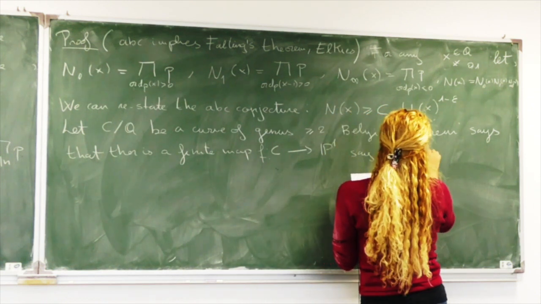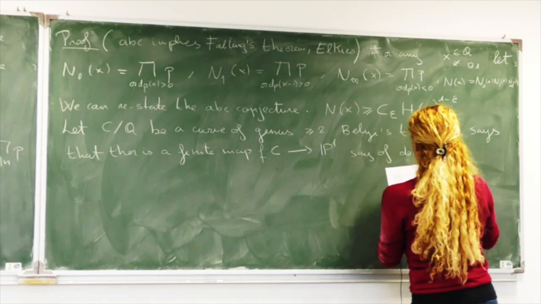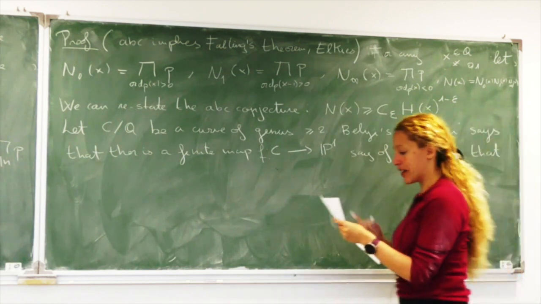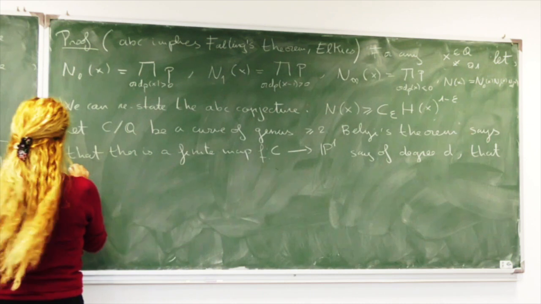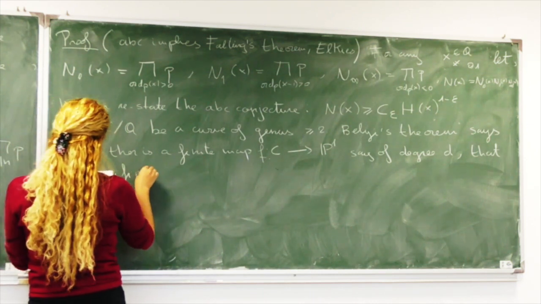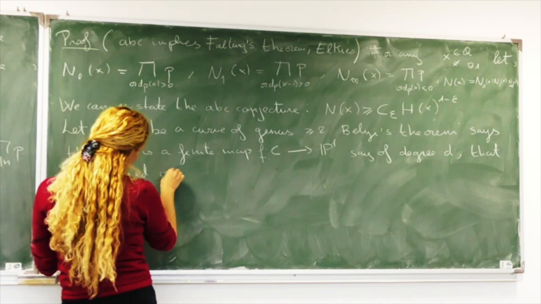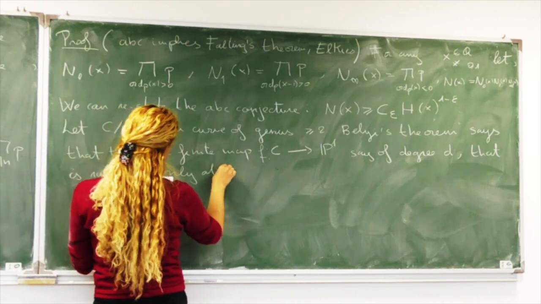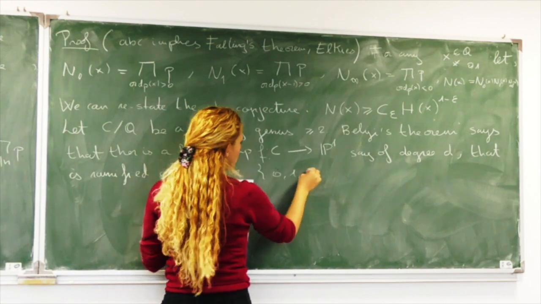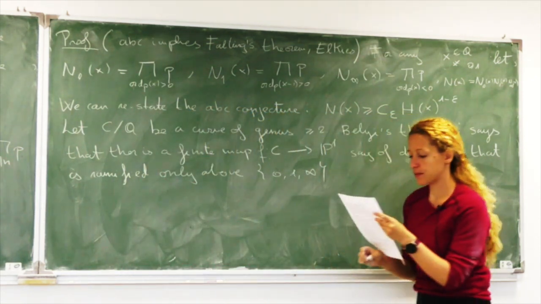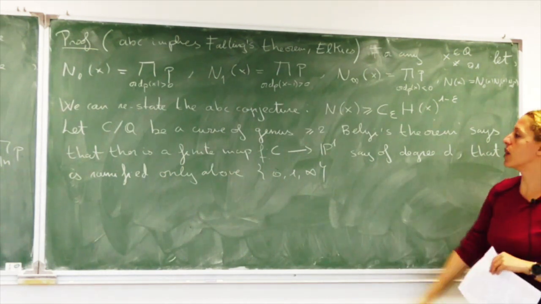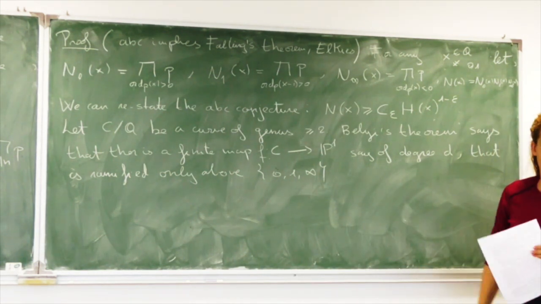We don't know anything about d, but it is finite. That is ramified only above the points 0, 1, and infinity. Okay? So this is Belyi's theorem who tells us that we can find such a morphism from the curve.